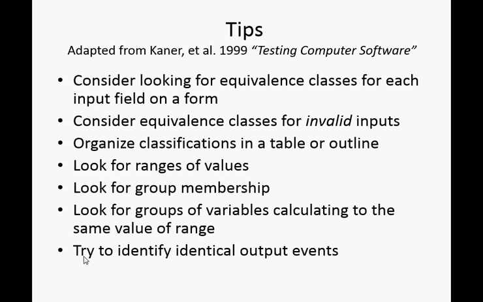So for your case, you're going to have forms. All of you are going to have apps or web pages with forms on them. Take advantage of that. Look for the equivalence classes for inputs, and consider them for invalid inputs. Remember, developers tend to be sympathetic, sympathetic for the code.